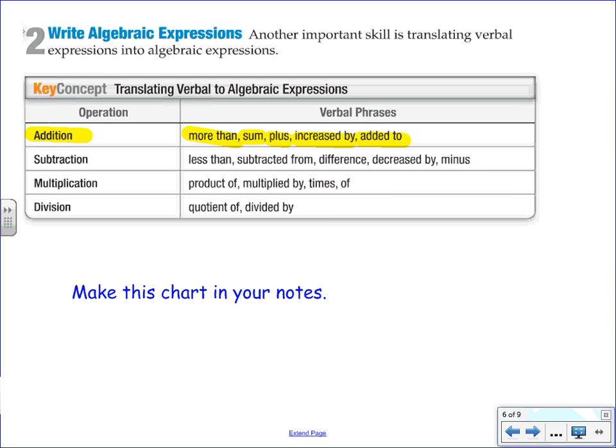Are there other ways you could say addition? Yes, but these are just a few of the more commonly used ways. Take a minute, write down this chart because I think it'll help you remember what each of them mean when you see them in a sentence. Again, pause the video, make your chart. When you're done making your chart, start the video back up.